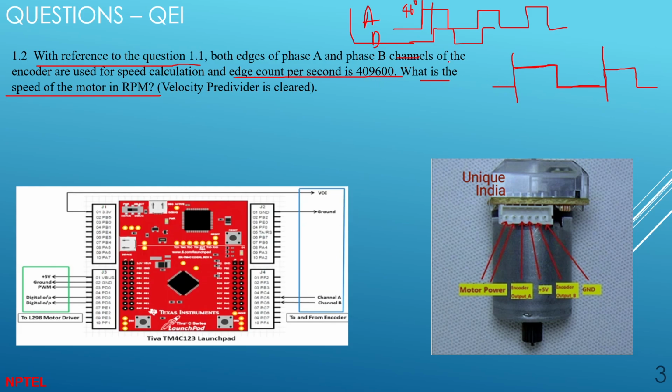I've told you that in the quadrature encoder interface, in one clock cycle there are four pulses, right? Like one pulse is here. They will measure it.